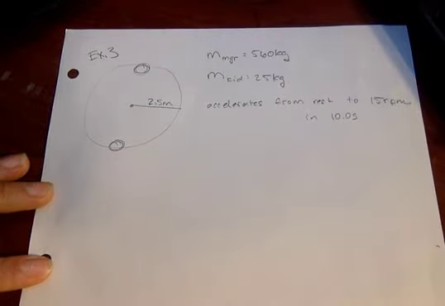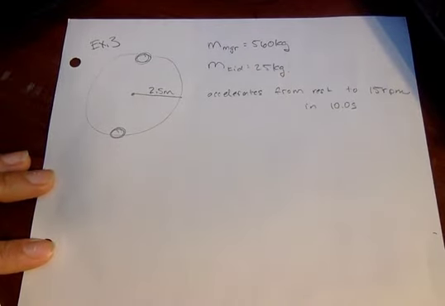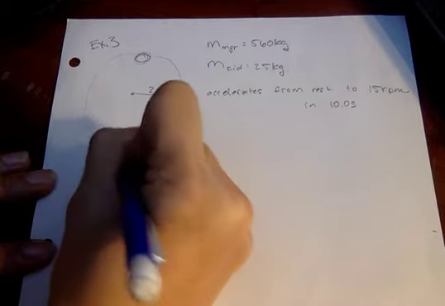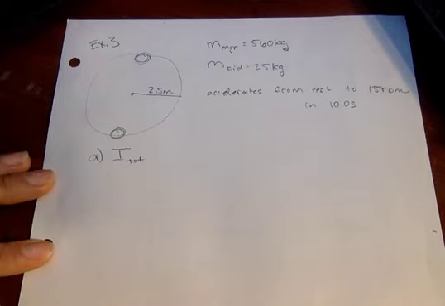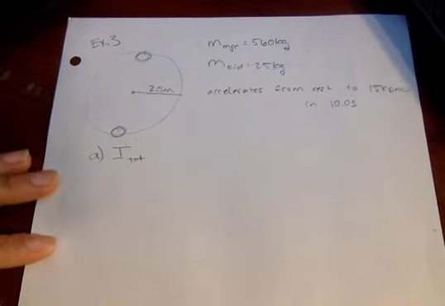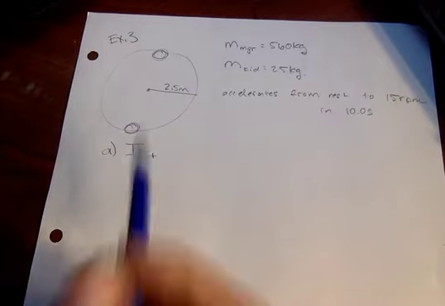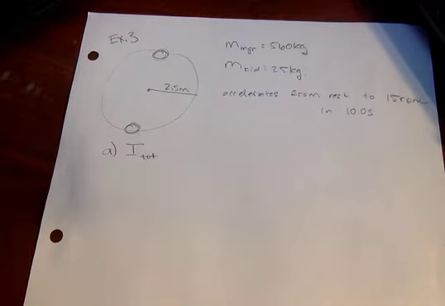There's a few things that you could do here. I'll start in the order that the problem asked. Part A says, what's the rotational inertia of the merry-go-round when the 2 children are sitting on it? So we need to find I total. And I know that rotational inertia is always going to be the rotational inertia of all the different things that are here. There are 3 things rotating around in this circle.